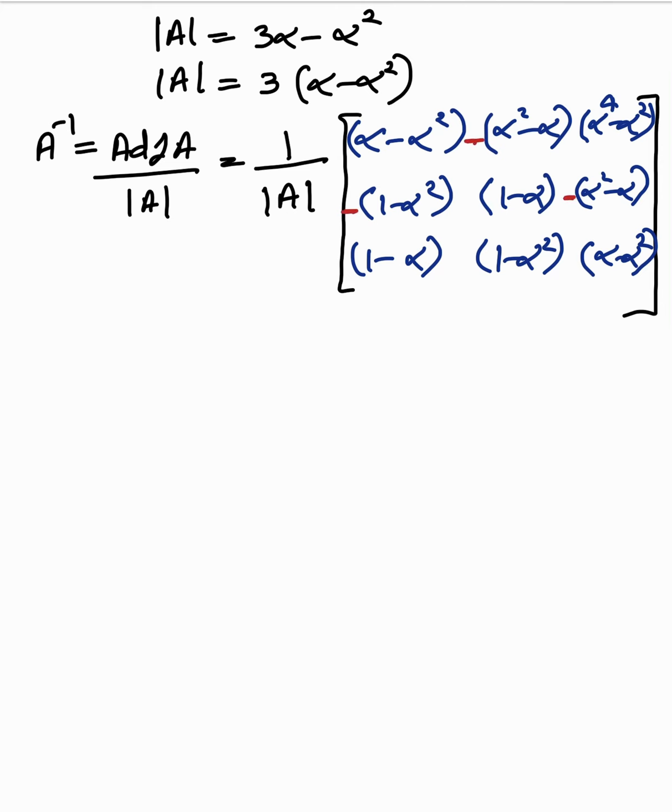So finally we put in the determinant value we already calculated, 3 alpha minus alpha square, and multiply with the negative signs, and then write it: alpha square, alpha minus alpha square.